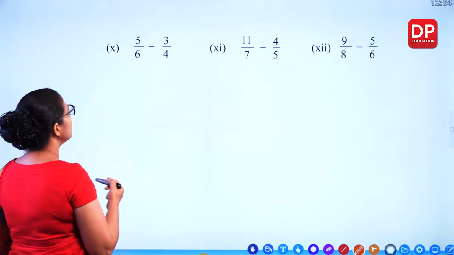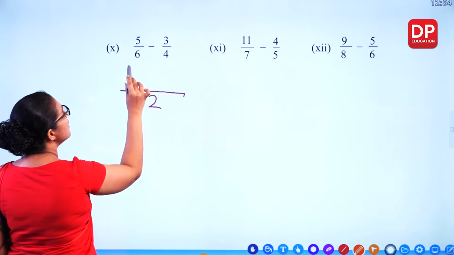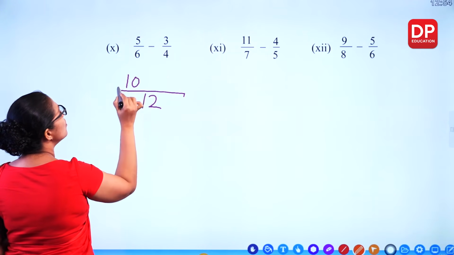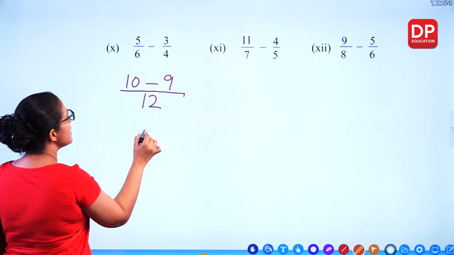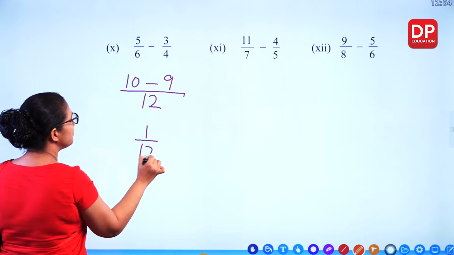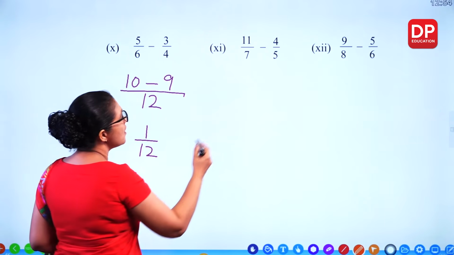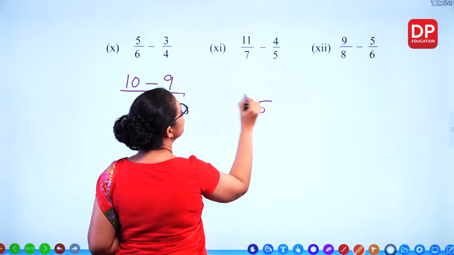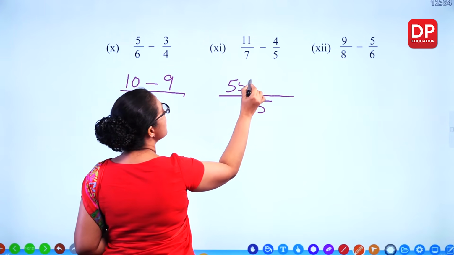This one, 6 and 4. Common one is 12. Multiply this by 2 and this one by 3. You get 9. 10 minus 9, 1. So 1 over 12. 7 and 5. 35 is the common one. Multiply this by 5, you get 55.